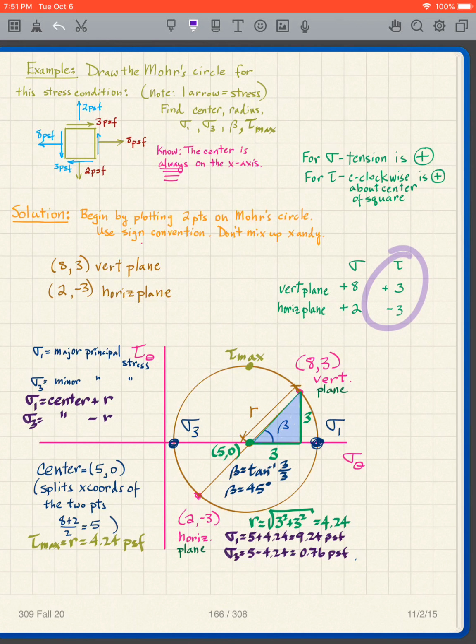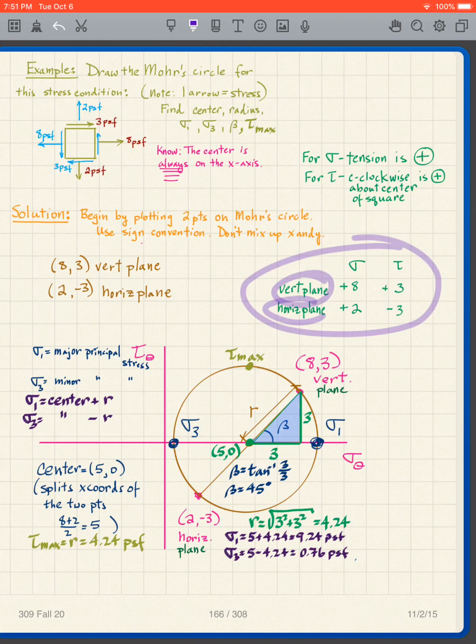When you're making this table, there's always going to be one positive and one negative. So just to let you know, if you get them both with the same sign, something went wrong. Okay, so now I have my little table, and it's important to pay attention to the vertical plane and horizontal plane as we do this. It's going to be important later.